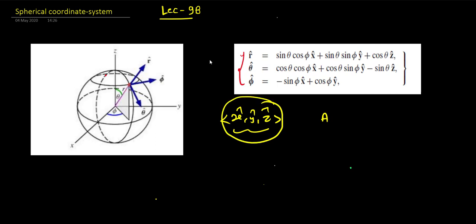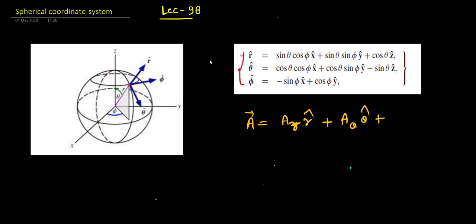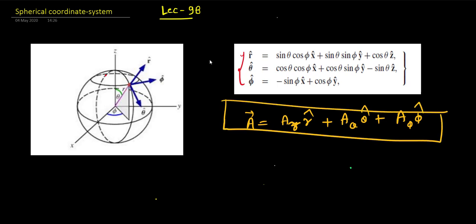Similarly, r cap, theta cap and phi cap make an orthogonal basis set, which means any vector A in 3D space can be written in the form of r cap, theta cap and phi cap.